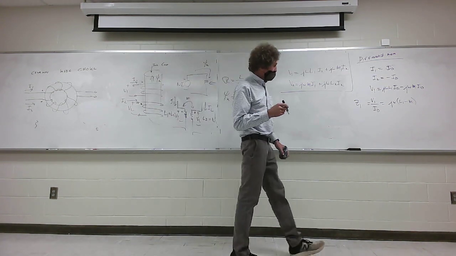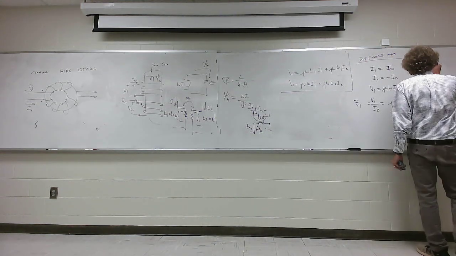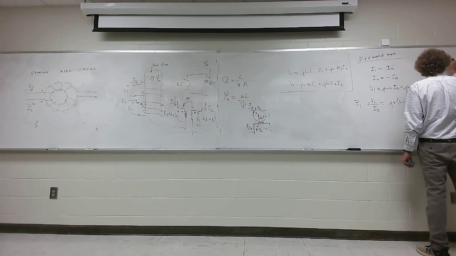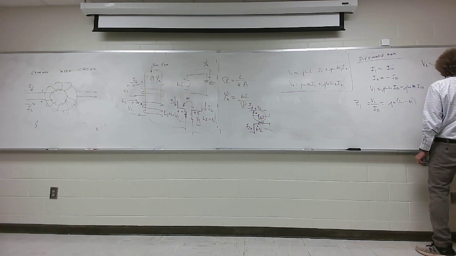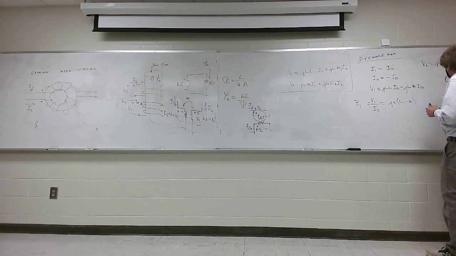Now, if you do the same thing for V2, V2 itself would be j omega M times I1, which is I differential, minus j omega L2 times I differential, because I1 is equal to minus I2, which is equal to I differential. Y'all with me on this? So here are the differential currents and the voltages they cause.